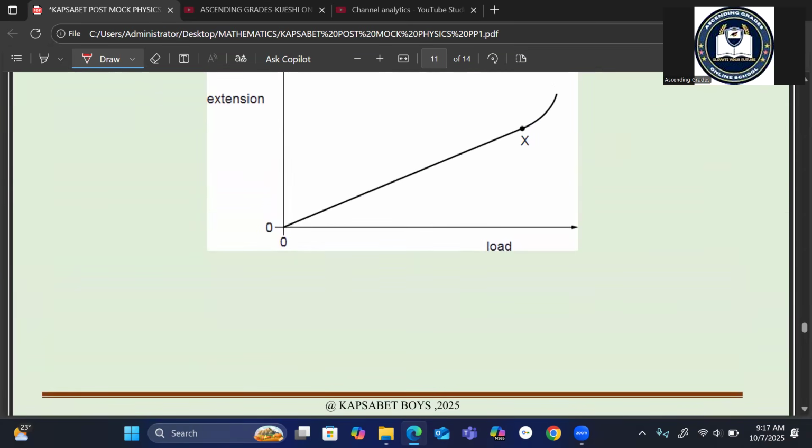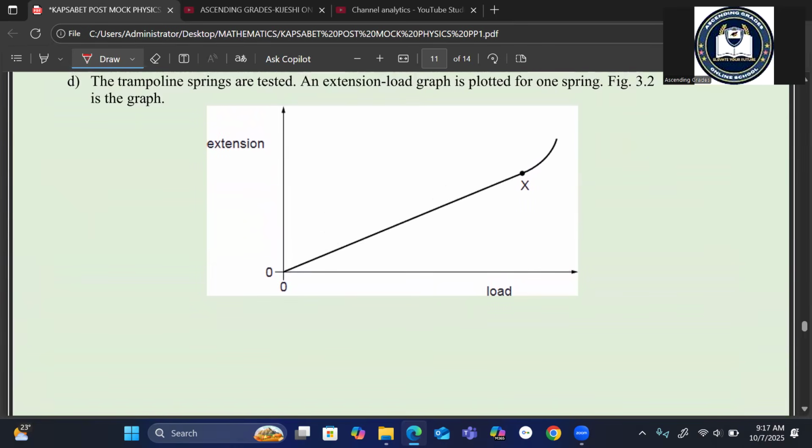So in this case, we are having extension against the load. Remember, we are all used to force or load against extension. But here we are having extension against the load. We know that a graph of force against extension gives us the spring constant directly. But in this case, the spring constant K will be the same as the inverse of the slope.